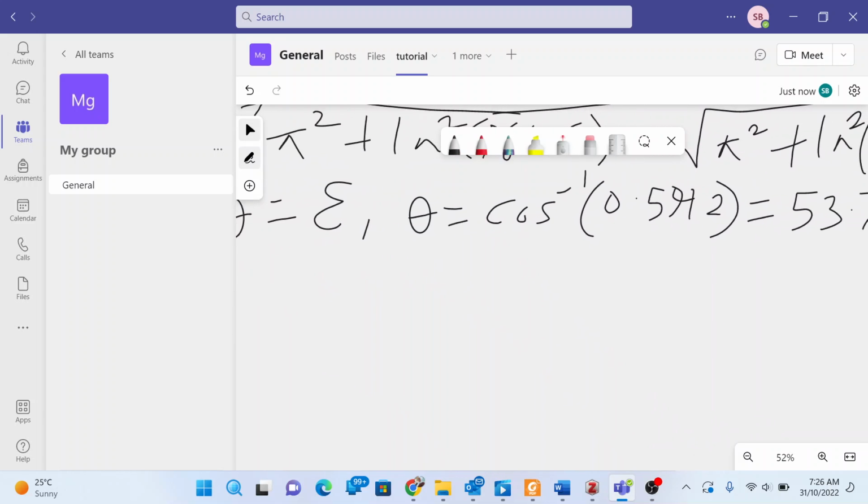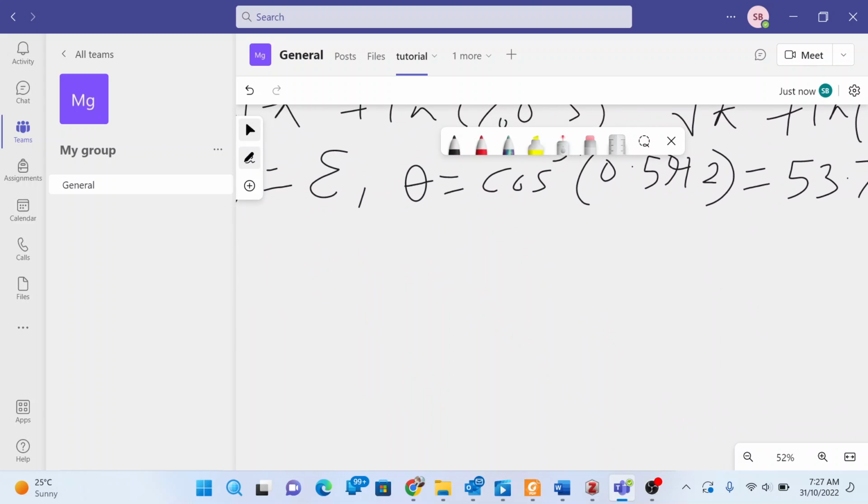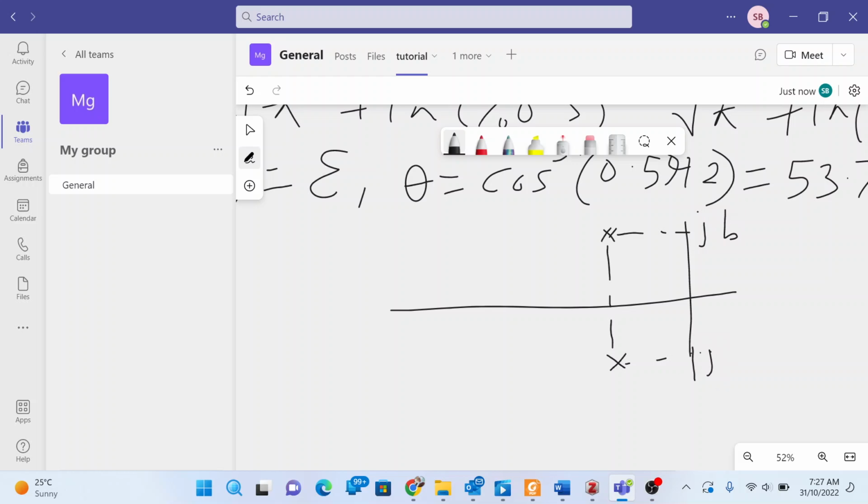First of all, to understand this very well, let us draw the pole diagram. You see, this is the location of the desired pole. This is the position of the imaginary part of the pole, while this is the real part, A is the real part.